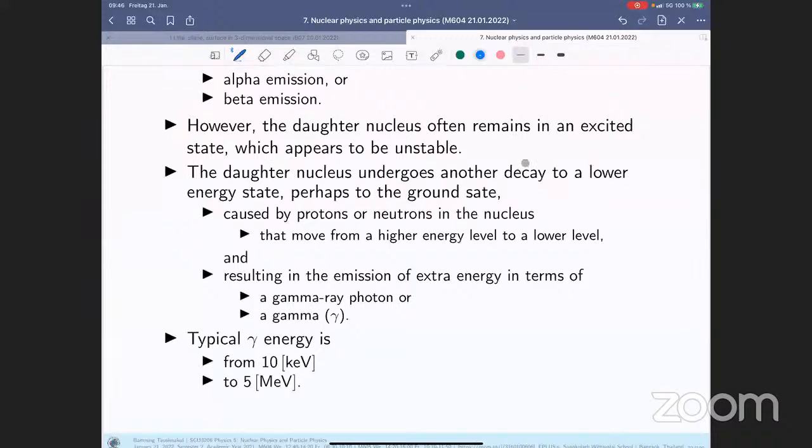Even if the alpha particle has been emitted, even if the beta plus or beta minus particles have been emitted, sometimes the nucleus still remains in an excited state because there is still vibration caused by protons and neutrons.